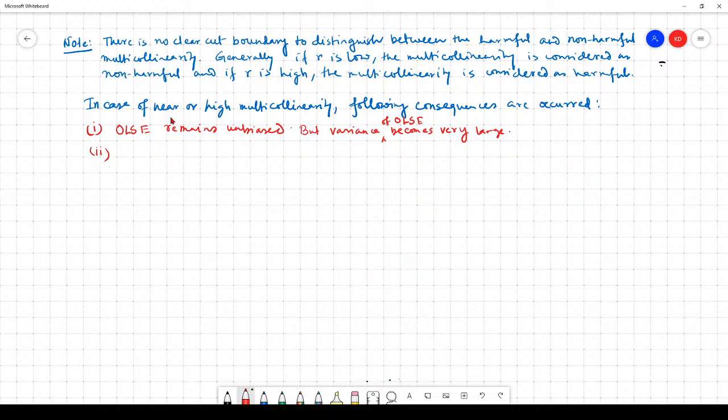This means the OLS estimator becomes imprecise, or the OLS estimator does not work well.